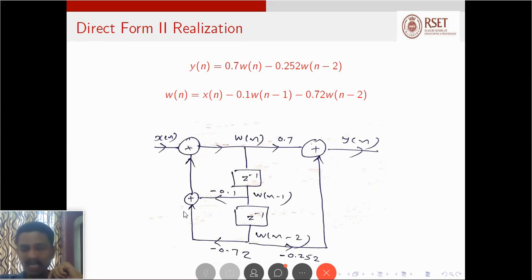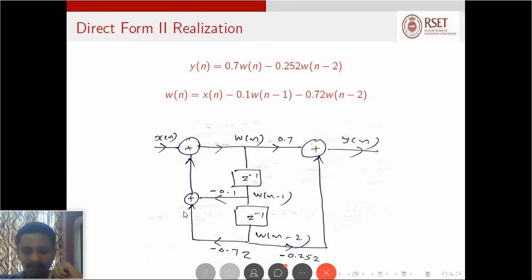So we will tell this in terms of the power of the numerator polynomial and the power of the denominator polynomial. In the case of direct form 1, the number of multiplications will be equal to m plus n minus 1, which is similar in the case of direct form 2 also. The number of additions will be m minus n in the case of direct form 1 and m plus n in the case of direct form 2.